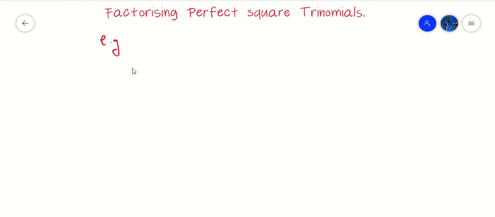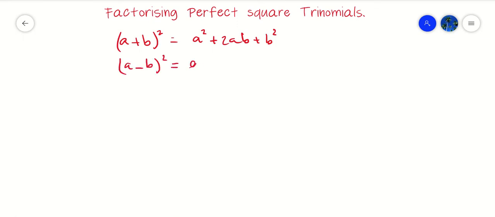Before we get into an example, let's do this. We know a plus b whole square is equal to a square plus 2ab plus b square, and a minus b whole square is equal to a square minus 2ab plus b square.